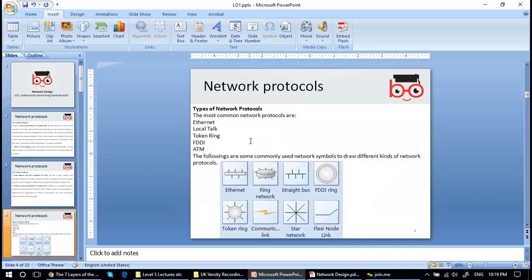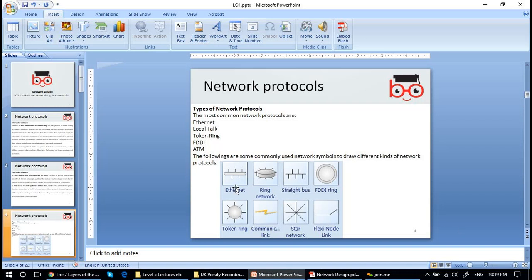Now, the types of network protocols, among which the most common are the Ethernet protocol, LocalTalk, token ring, FDDI, and ATM. The following are some of the commonly used network symbols to draw different kinds of network protocols. A protocol, as we explained earlier, is a kind of rule, shown as logically making some path.